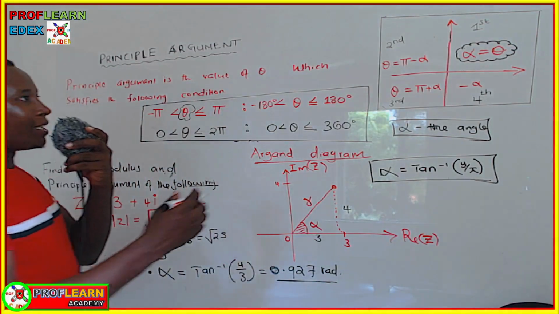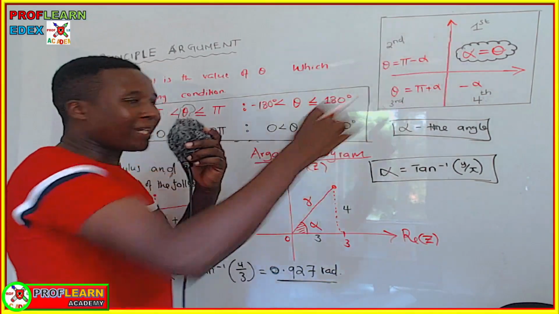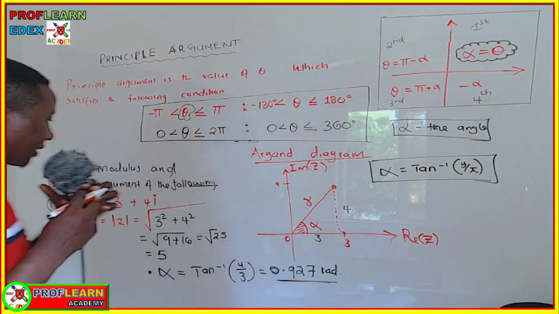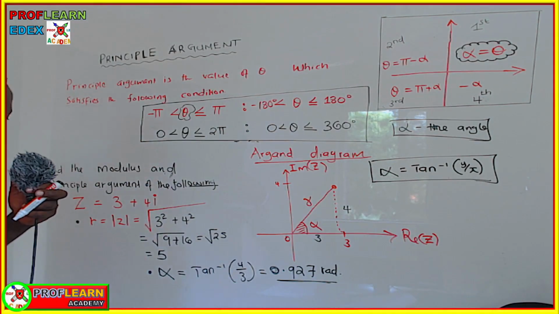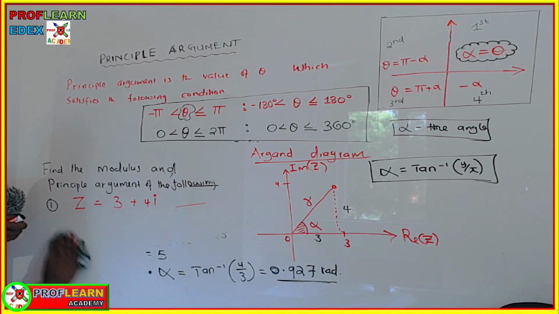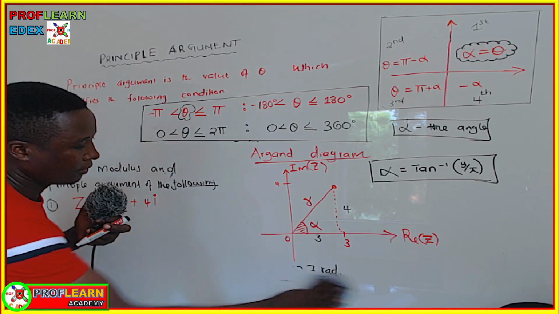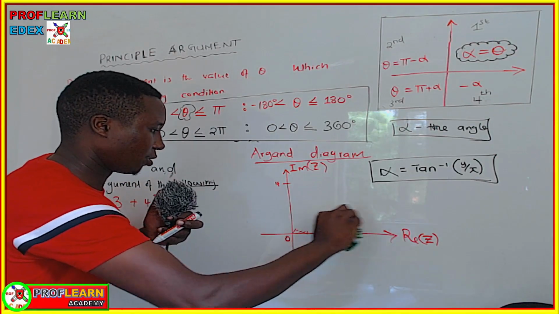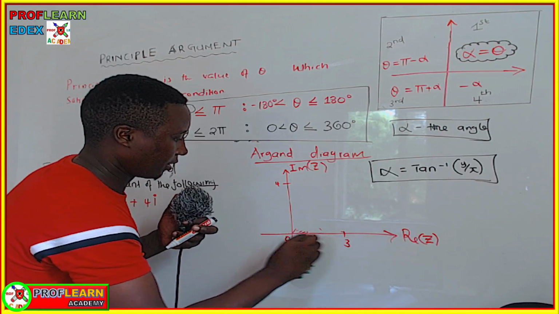But that's not going to be the case when we have a complex number in the second quadrant. Let me have an example that will take us into the second quadrant.